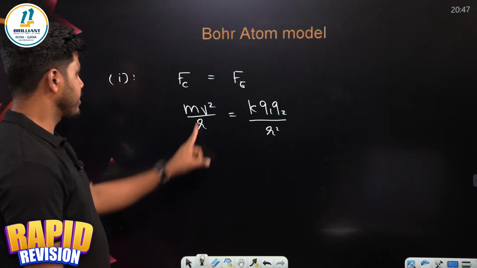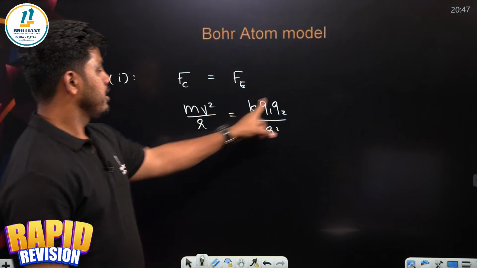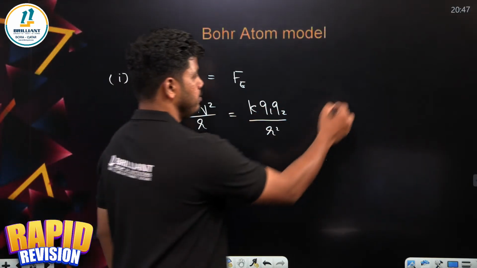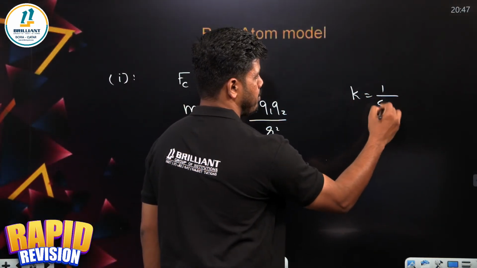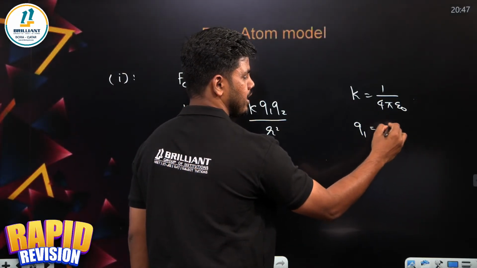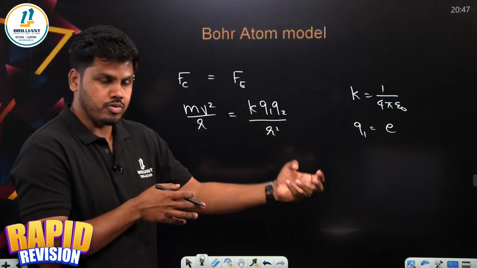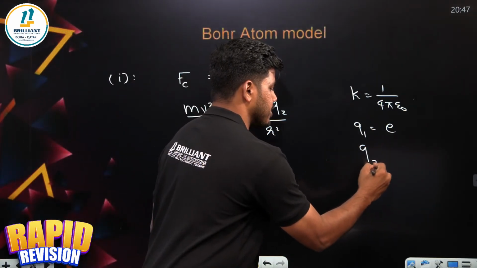Centripetal force can be calculated as mv square by r, where r is the radius of the circular path. k q1 q2 by r square. We know k is 1 by 4 pi epsilon 0. We'll substitute this later. q1 is the charge of the electron, which is e. The other charge is the nucleus, right?